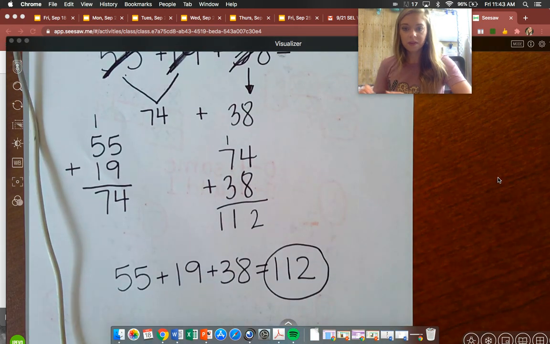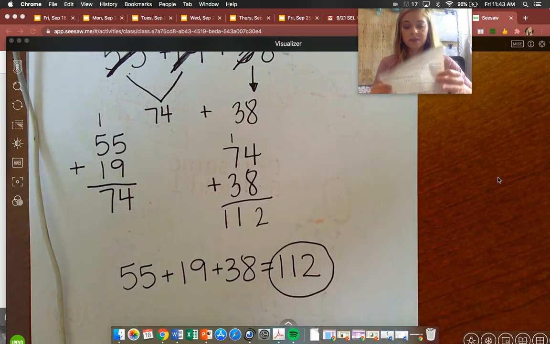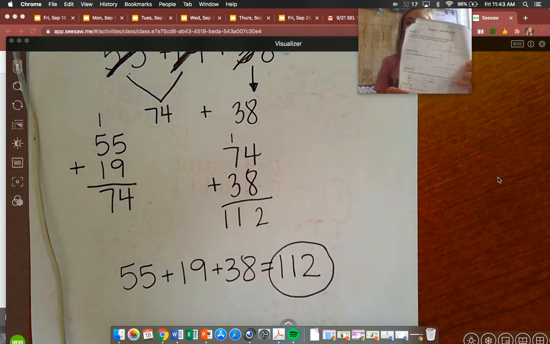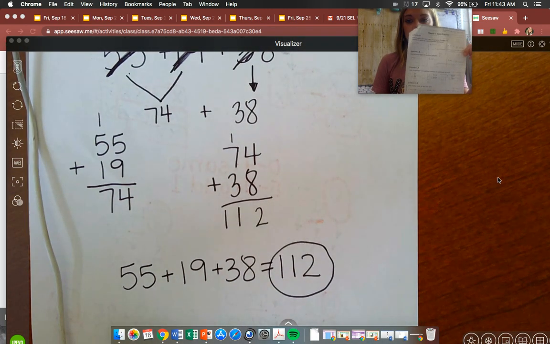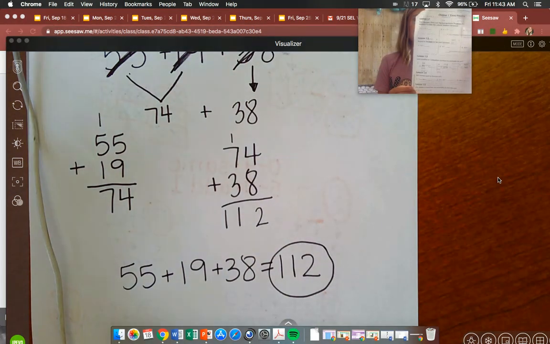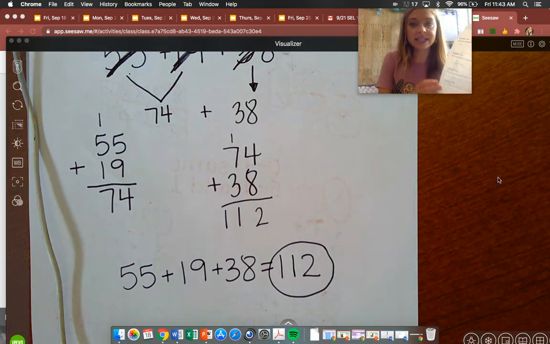Okay. So in your little math workbook, you have on page P27, you have a chapter 1 extra practice. It is double-sided. What I want you to do is complete the first side today. You do not have to do page P28. You're only doing page P27 today.